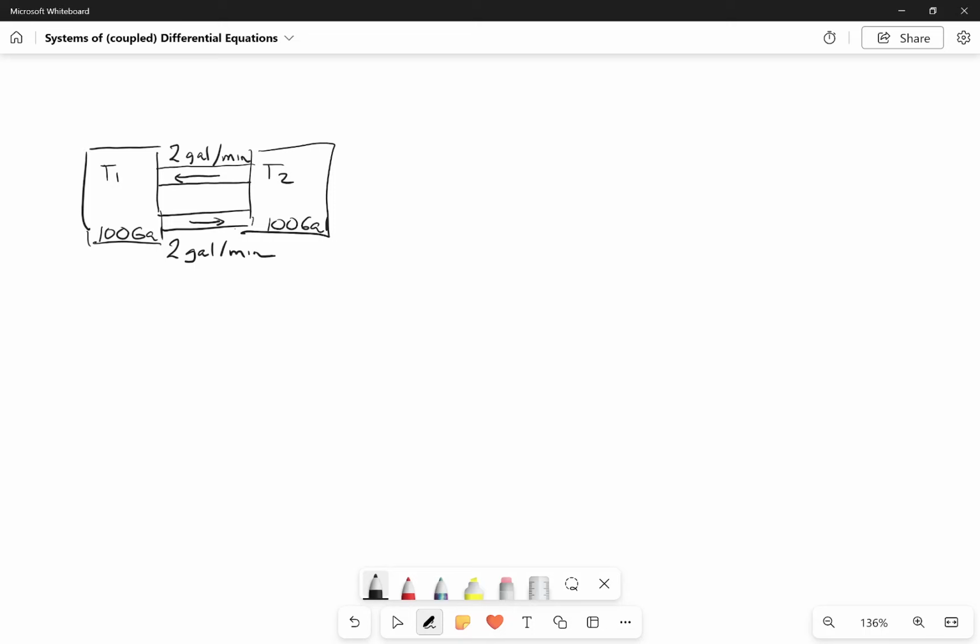Okay, and what do we want to know? Well, we're going to have a curve basically. This is what we expect. It starts off here in tank 2, we have 150 pounds of fertilizer. So if this is y, this is going to be y2 at t. Here, it's going to start off at 150 pounds.